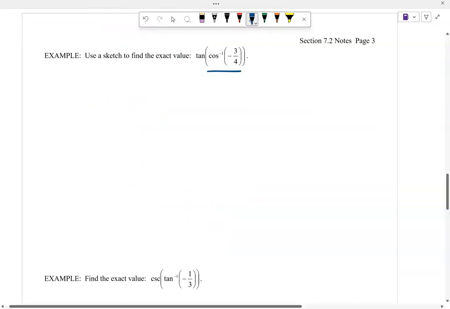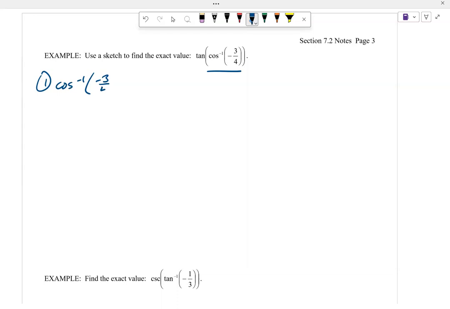Let's go ahead and do that inside right there. Number 1, let's call the arc cosine of -3/4 theta. That means the cosine of theta would be -3/4. And when we cut off the cosine, we cut that off between 0 and pi.